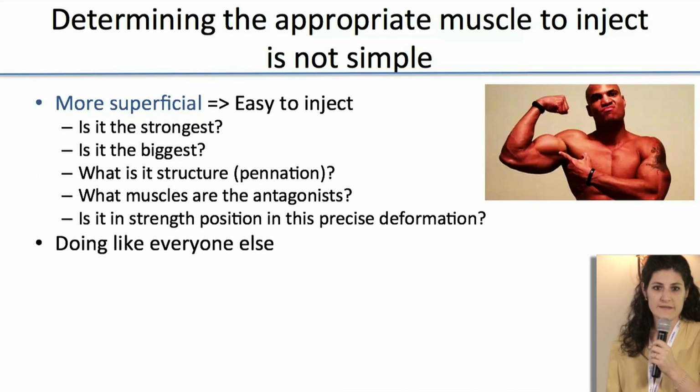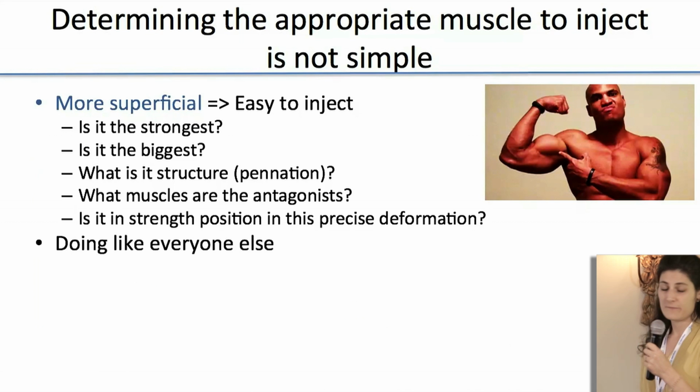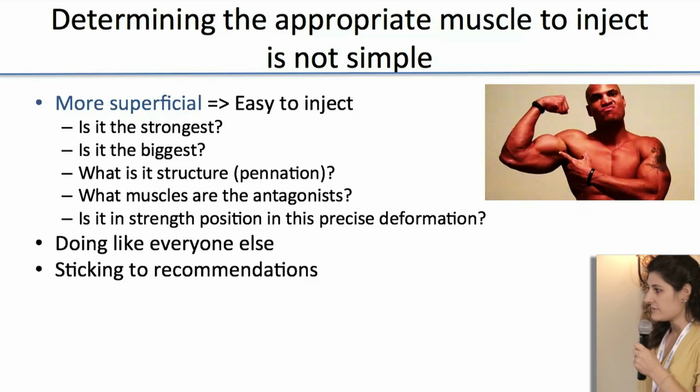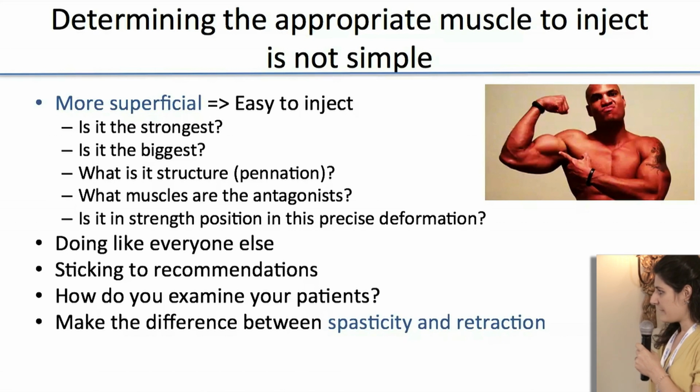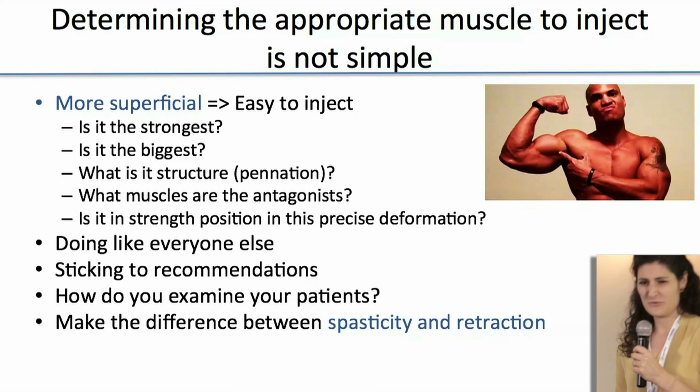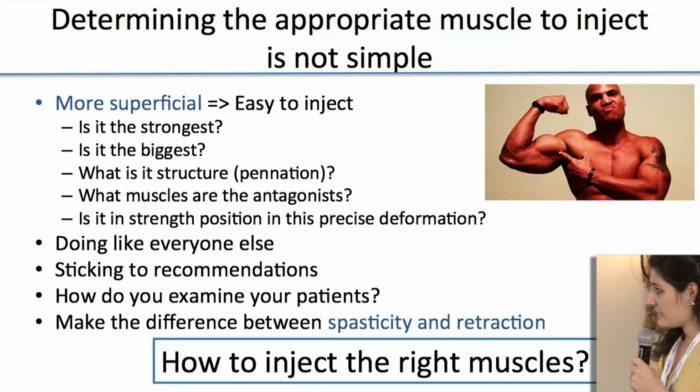Another trap is doing like everyone else, or just because our boss told us it was like that, or just because we are used to it. Another trap is also being stuck to the recommendations. It's also very hard sometimes to tell the difference between spasticity and retraction. So how to inject the right muscles?